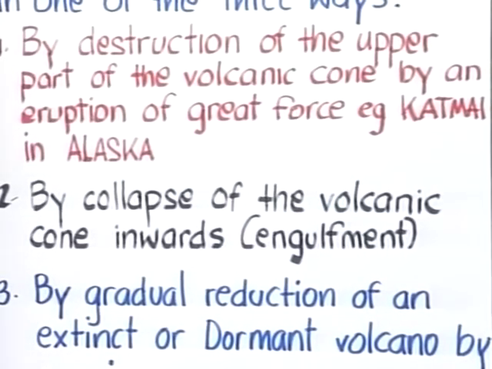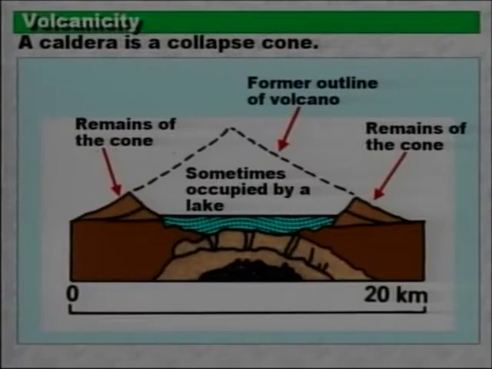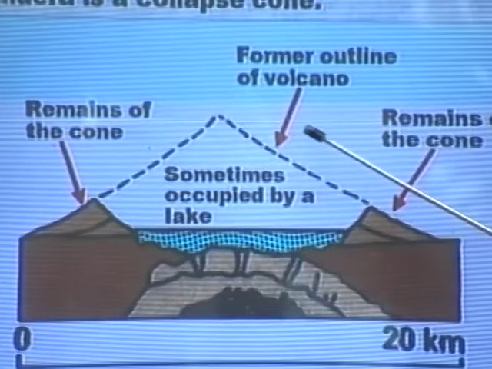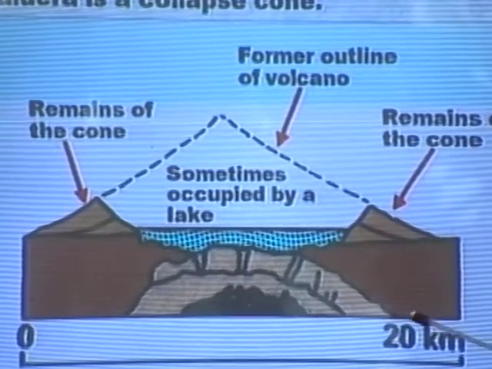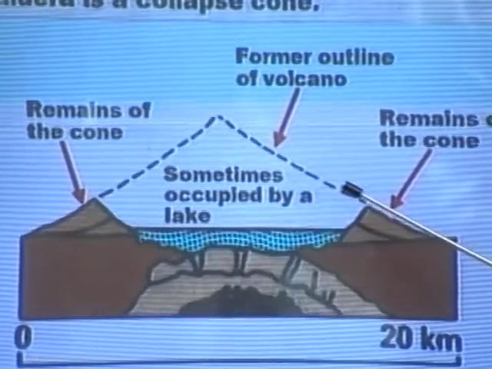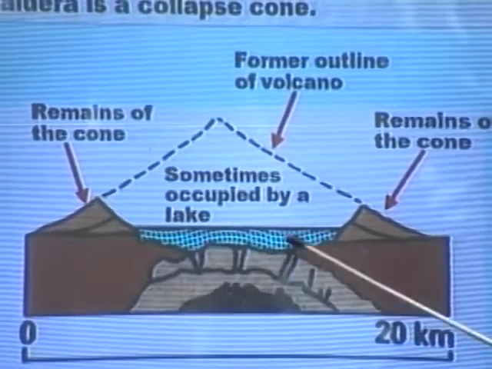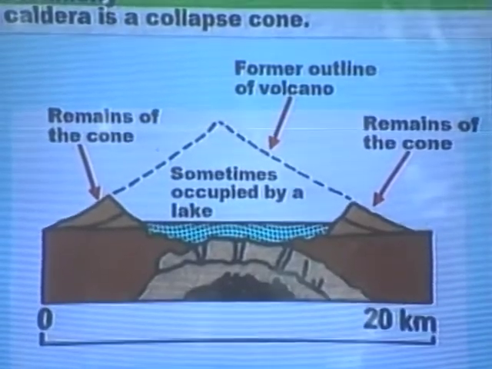So if we look at, for example, the monitor here and the diagram showing that, once upon a time, the dotted lines represent the cone or the slope or the side of the volcano, and due to a huge eruption, all of this area here has been removed or blown off, resulting then in a depressed area being created. That's the first way in which a caldera can be formed.